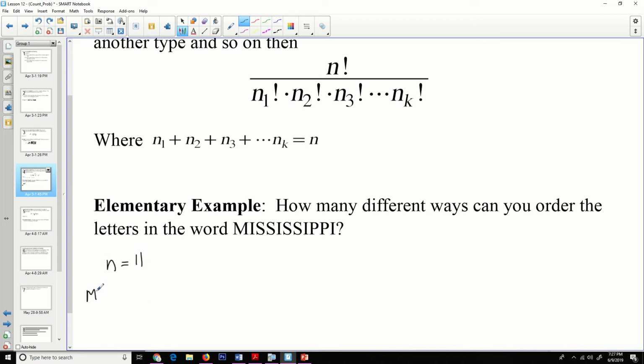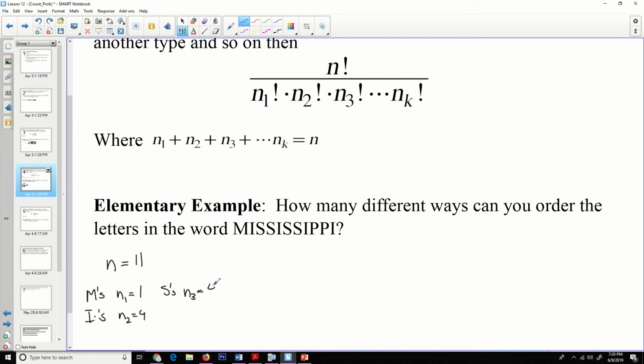Now our M's would be n sub 1. There's only one M, so that would be a 1. Now 1 factorial is 1, so we're probably not going to write it. Our I's, we have 1, 2, 3, 4 I's, so n sub 2 is going to be 4. S's, we have 1, 2, 3, 4 S's, so it would be n3.